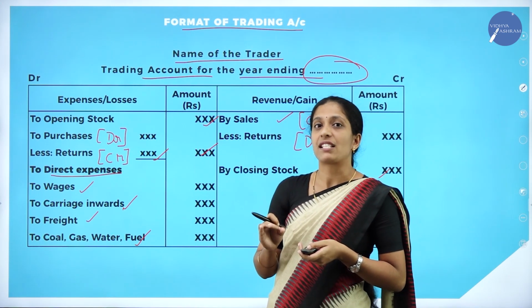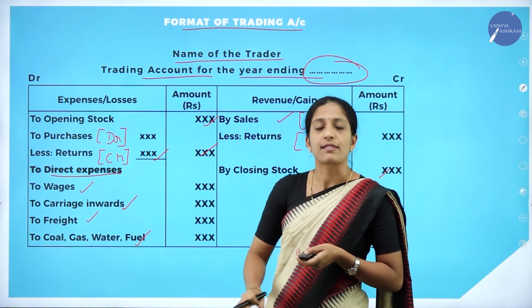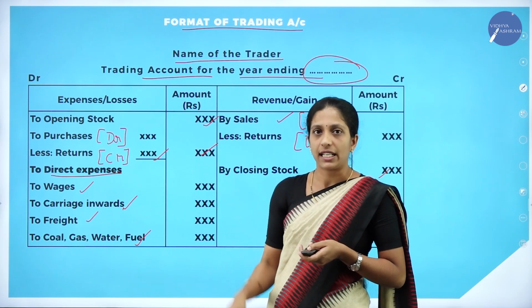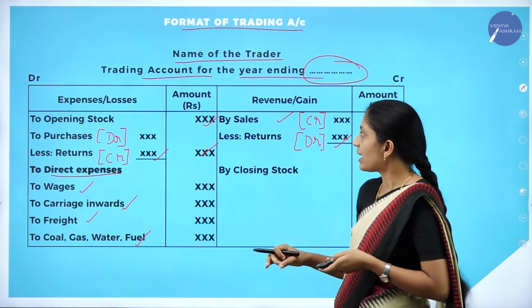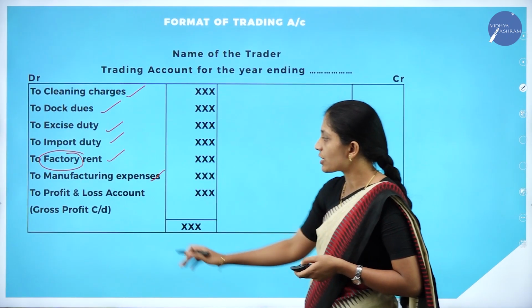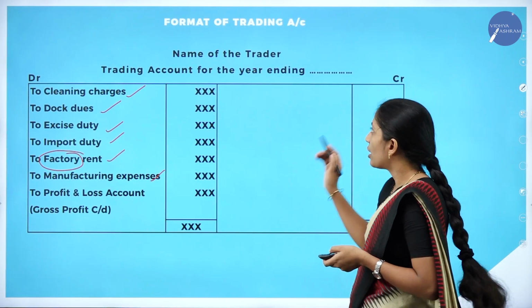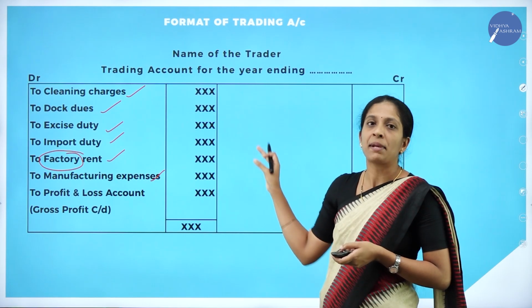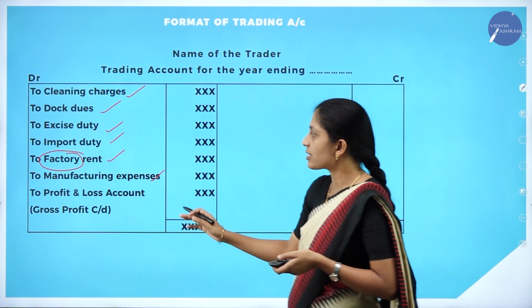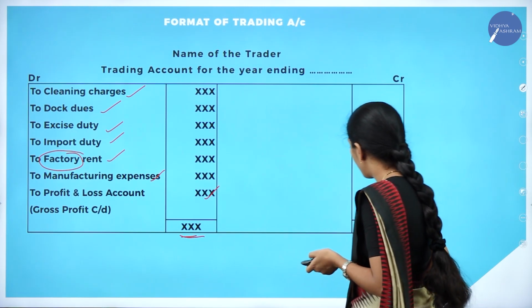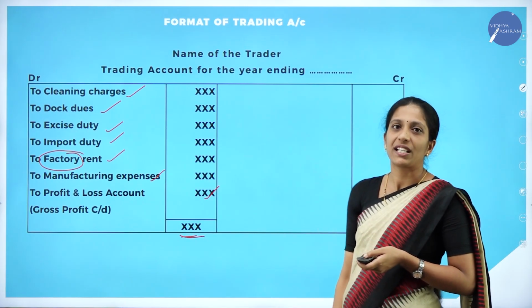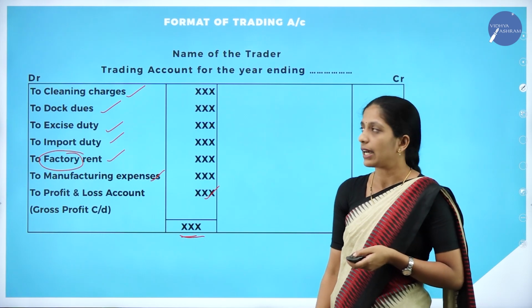When your expenses or losses are more than your revenue or gain, then it is gross loss. If you see the format, here I have written gross profit, which means that your total of income is more than total of expenses. So you'll get gross profit carried down. So balance both sides. So this would be the format of your trading account.